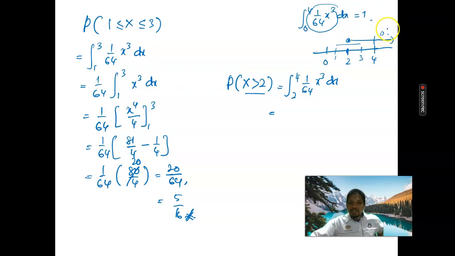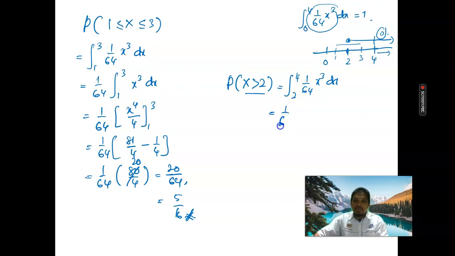But we agreed earlier that in this domain from 4 to positive infinity the function is equal to 0. So we don't have to find it because it's meaningless. We are now just looking at the domain from 2 until 4 only.